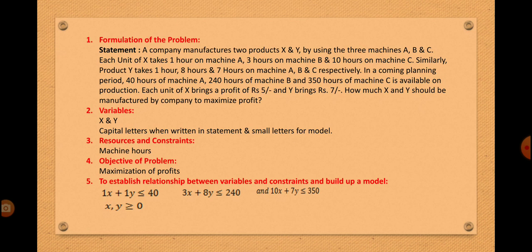And hence, the relations for the other machines are written similarly: 3x plus 8y must be less than or equal to 240, and our third equation becomes 10x plus 7y less than or equal to 350.